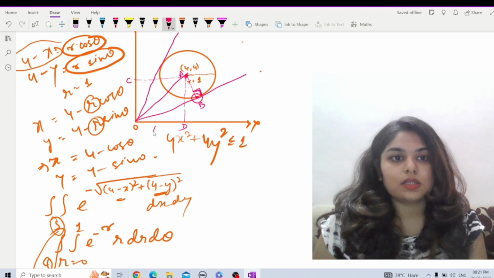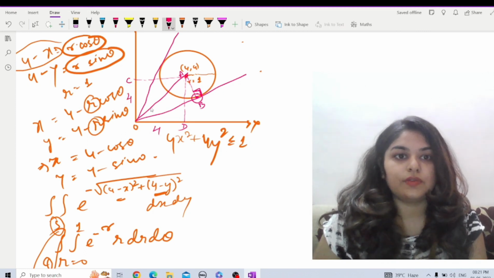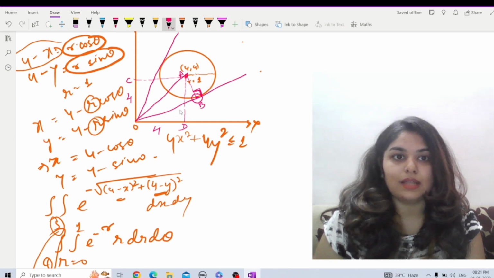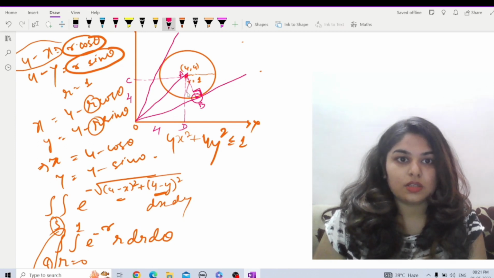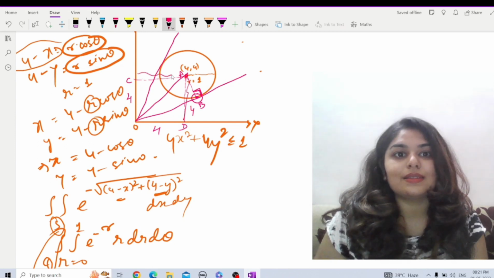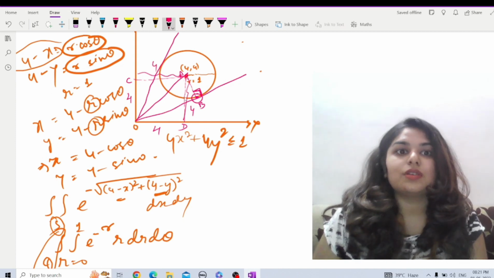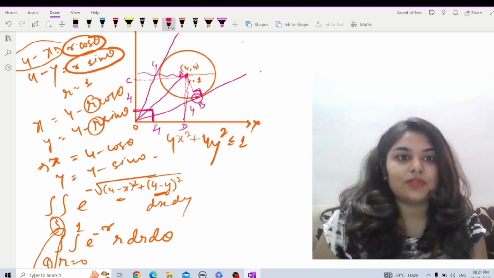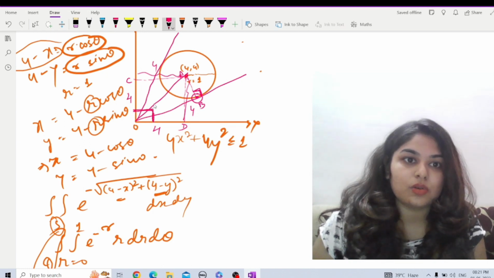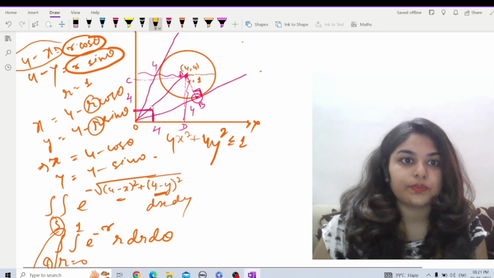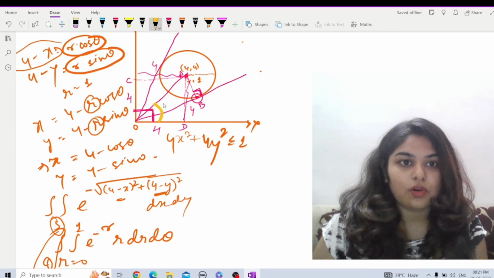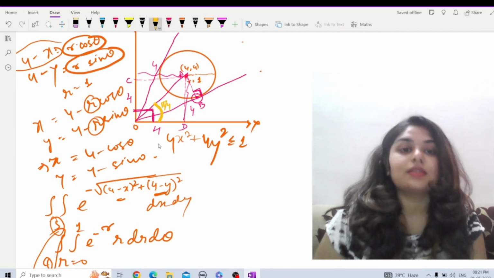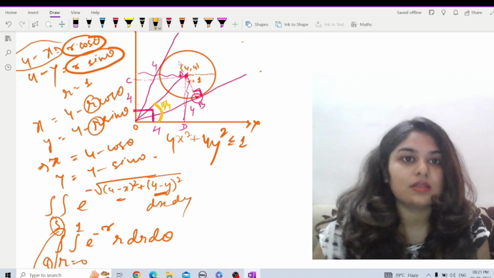We know this distance is 4 and this distance is 4. If the adjacent sides are equal, then this is a square. So even this distance is 4 and this distance is going to be 4. So this is a square, and that means this whole angle is going to be 90 degrees. So if this is 90 degrees, then the diagonal is going to be pi by 4, that is 45 degrees.